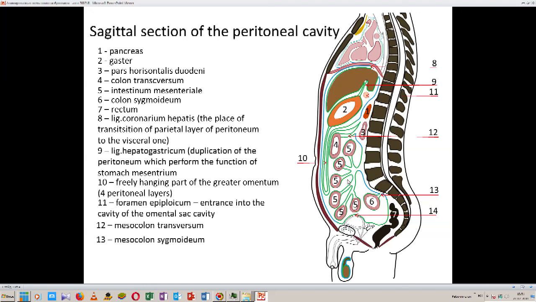So, again, in norm, only 30 or 50 milliliters, only to provide the possibility to easily move one loop according to another. But in pathological conditions, sometimes several liters of ascitic liquid.